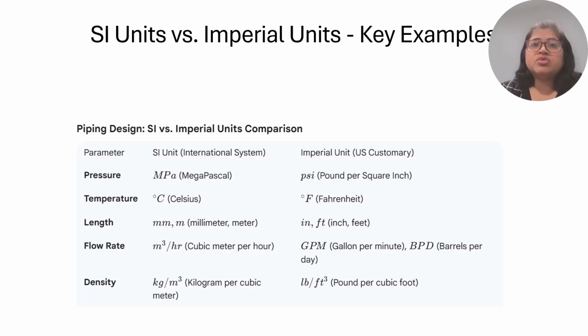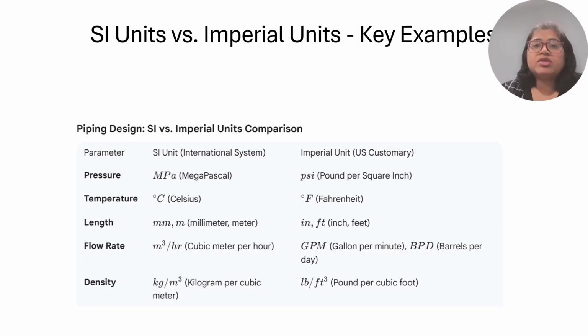It is vital to know which system your project follows. All calculations, specifications, and drawings must adhere to the specified unit system. So mixing them without proper conversion is a recipe for disaster.